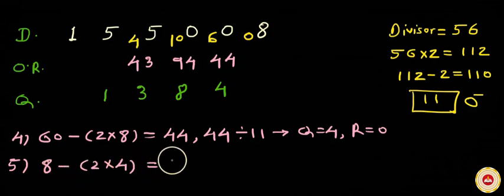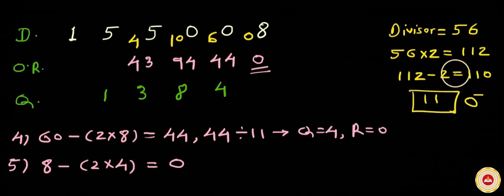That means 8 minus 8 is 0. Write 0 below 8, and this 0 is the last osculation result. So friends, in the last osculation result we have 0. It means that the given number 1,55,008 is divisible by the divisor 56.